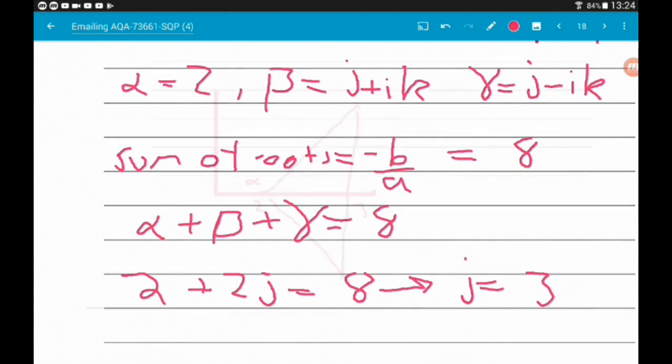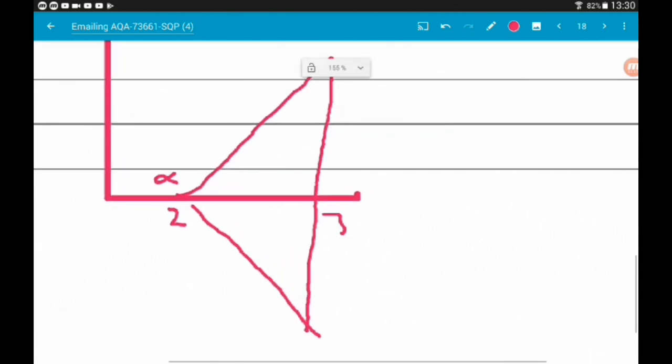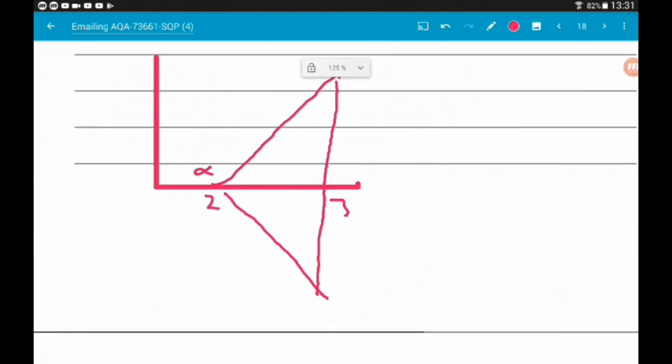So up to there we now know the real part of beta and gamma. Now we can go to our Argand diagram, which is going to look something like this. Alpha, we were told from the start, was equal to 2, so there's no imaginary part, so that's just a 2 on the x-axis. Now we know the real part of beta and gamma is 3. What we need to work out is the imaginary parts.